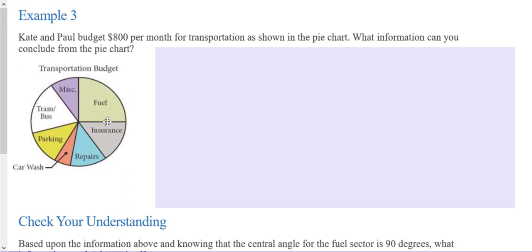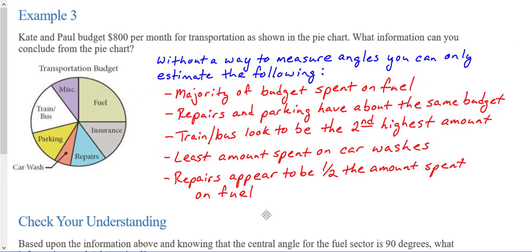You can also guess that the train and bus looks to be the second highest amount of money spent. Repairs looks like it's about half the amount spent on fuel. Miscellaneous looks to be about half the amount spent on trains and bus. These are just some of the things that we can estimate when looking at a pie chart. It gives us a close estimate because we know how it's split into percents.